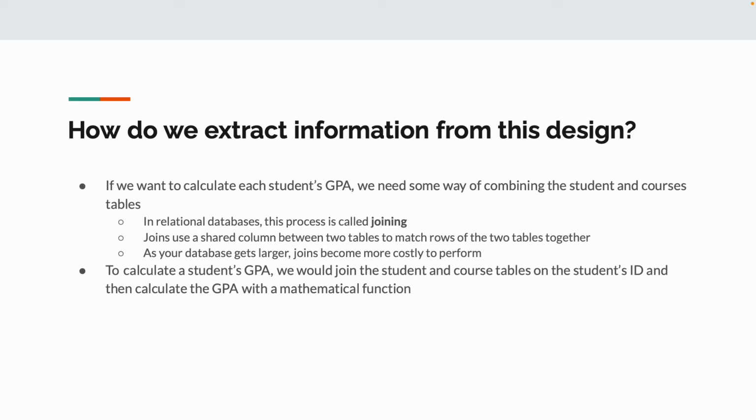So for an example, to calculate a student's GPA, we would simply join the student and course table to the third table on a student ID, and then take the average of their grades with some mathematical function, and we will get a GPA out of that.